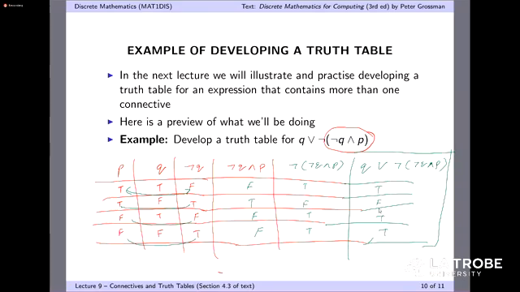Is this equal to any other column? Yeah, exactly. Anything else? Yeah, nothing else.